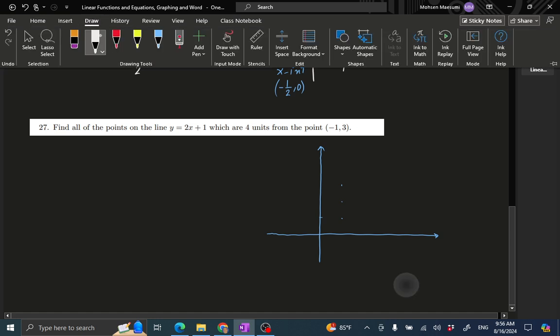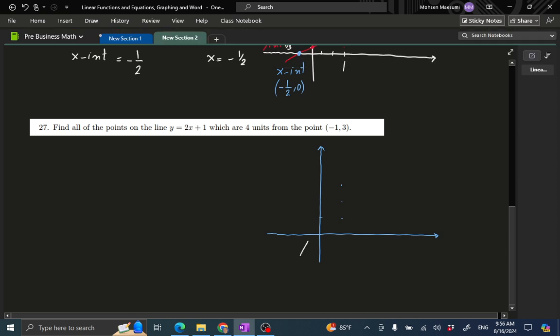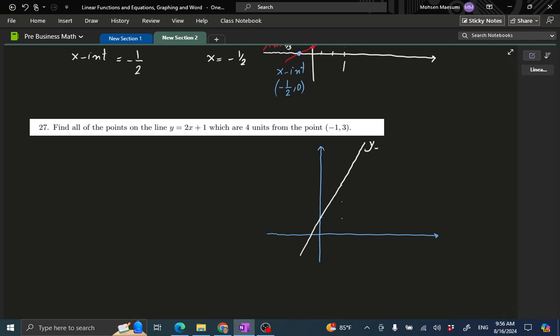Let's draw it in a more bright white. So this is the graph of y is equal to 2x plus 1.